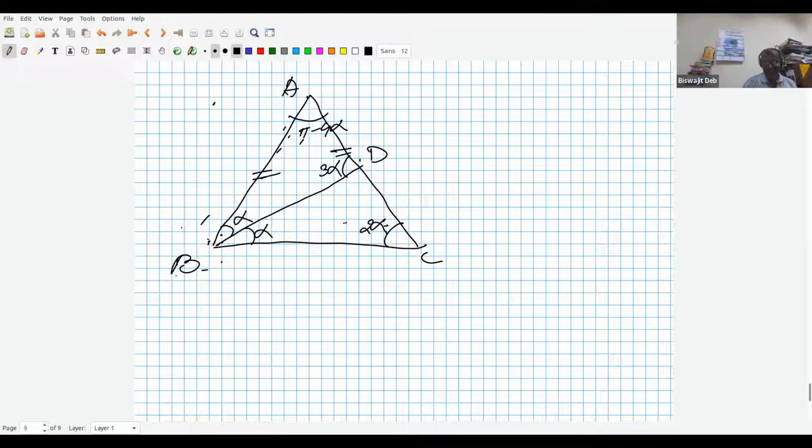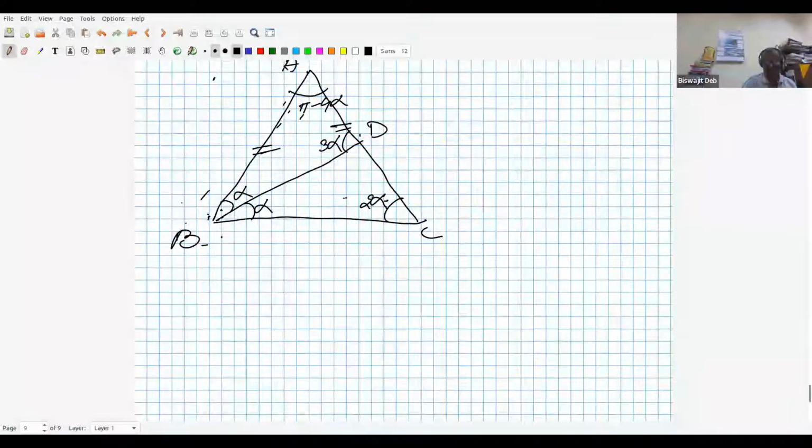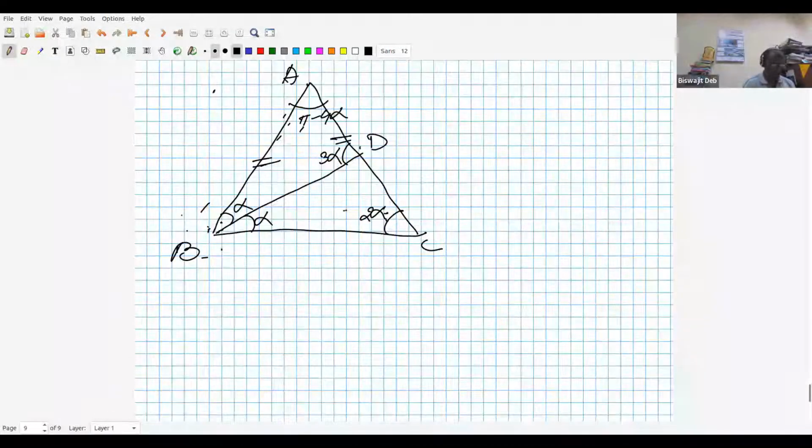Now you use the extended sine law in triangle ABD. So what are the angles we have in this triangle? One is alpha, the other one is 3 alpha, and the third one is pi minus 4 alpha.